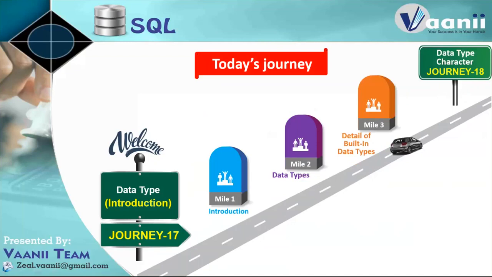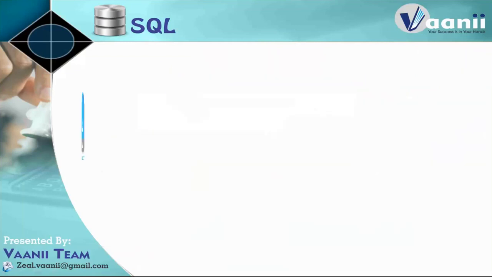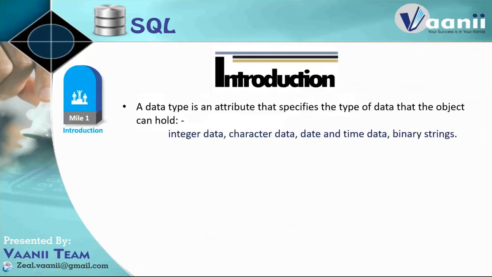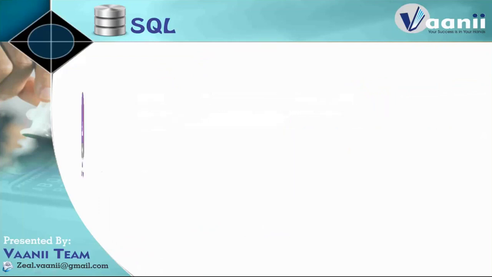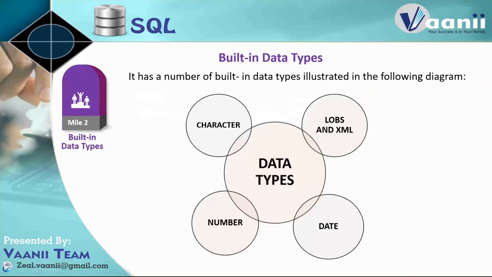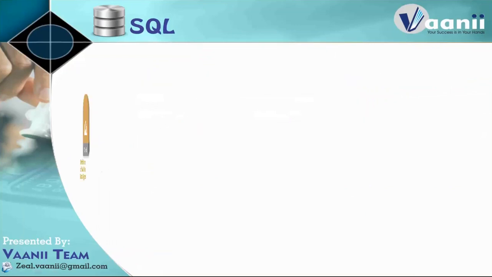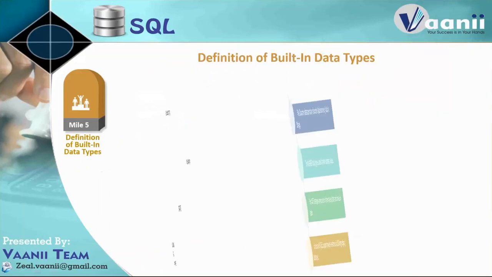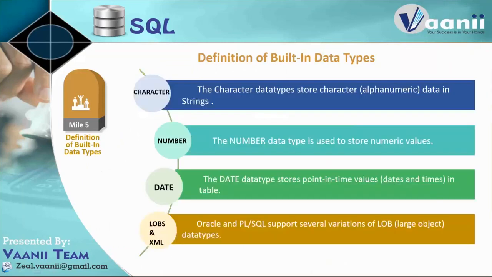So let's see what data types we have. Basically we have four types of data type: character, number, date, and then LOBs and XML. In character data type, we can store all characters as well as integer and special character values.